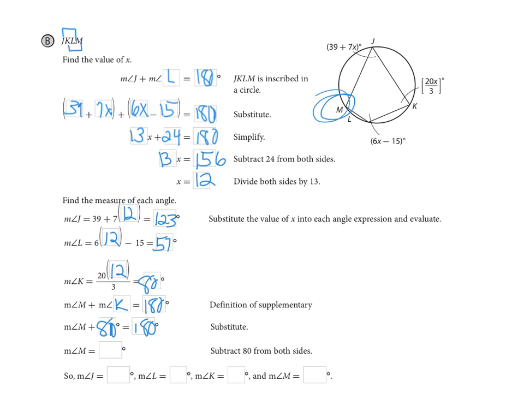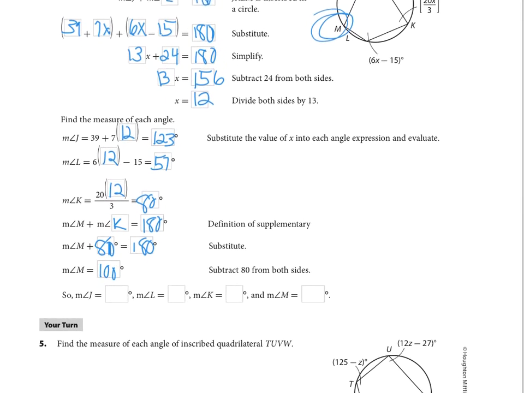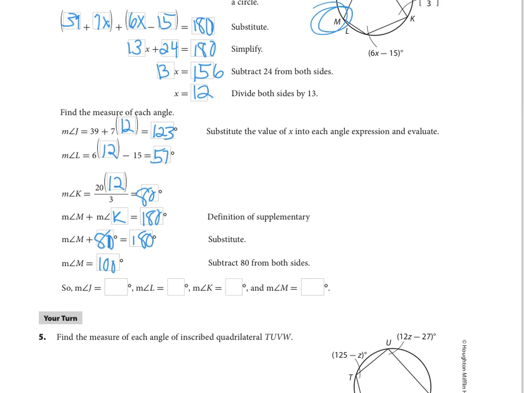And we know that the measure of angle M equals 100. And so with our final line here, we have the measure of angle J is 123. The measure of angle L is 57. The measure of angle K is 80. And the measure of angle M is 100.